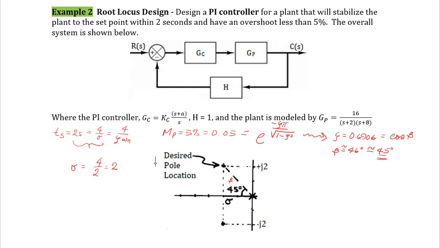And so with a 45-degree angle, this point right there is going to be a negative 2. Beta equals 45, so this point that's right there, we're going to call it the point P, is going to be equal to 2 times j, which means that there's another point at negative 2j. So the point P is equal to minus 2 plus or minus j2.